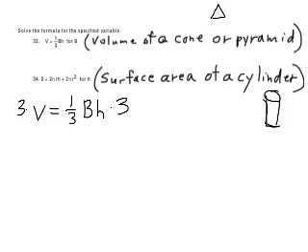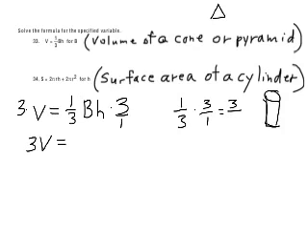Okay, so now we've got 3V equals, and this one we'll put over 3. We could do it over on the side, 1/3 times 3 over 1. See, we multiply the numbers times the numbers, letters times the letters, so to speak. And we get 3 over 3 equals 1, or if we cross cancel, 3 into 3 is 1, 3 into 3 is 1, we get 1.